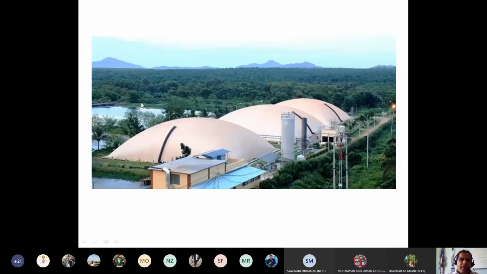For example, you have this big field. This is waste from the palm oil industry. So they cover this with a very thin layer of plastic that can, you see, fill up when gas is produced, when the anaerobic bacteria work. They don't let the gas go out.